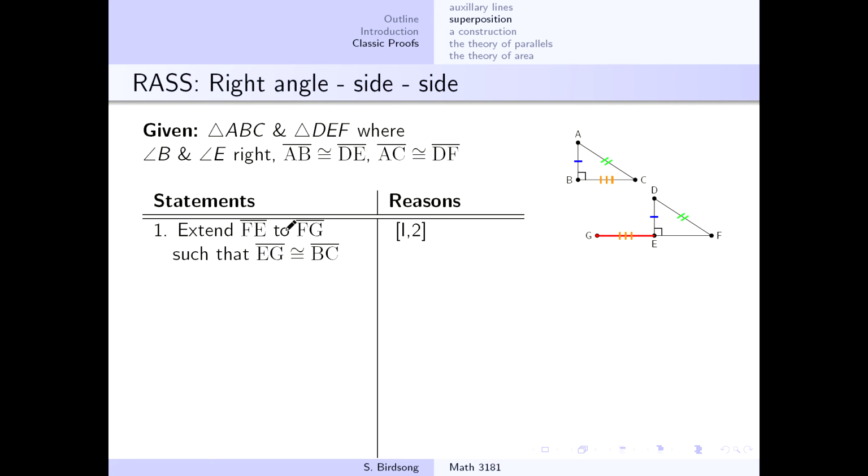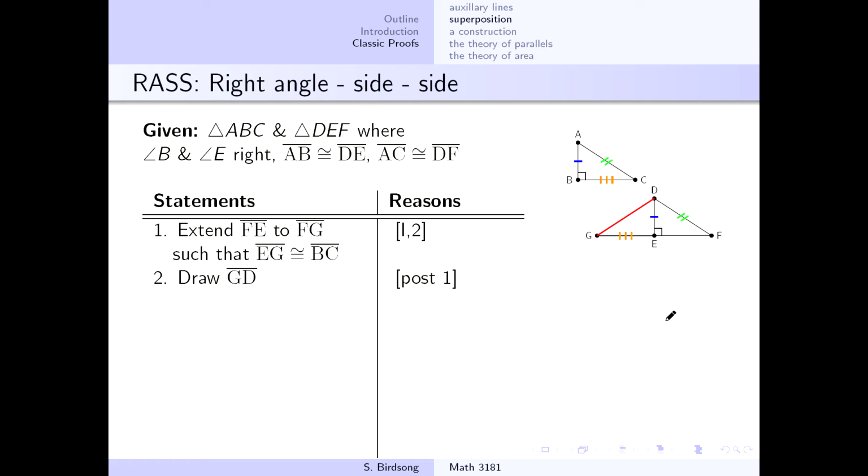So first thing that we're going to do is we're going to extend this line FE out, and we're going to extend it in such a way that we'll then copy BC onto the extension of the line FE, specifically on the left-hand side here of point E, or opposite side of point E than point F is. Okay. What this does is we're going to end up with EG being congruent to BC. Note the citation. Proposition 2 in Book 1 of Euclid is a specific way of copying an angle. Specifically, you've got a line segment that you've copied this angle onto.